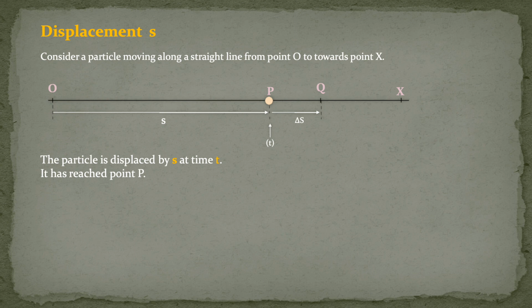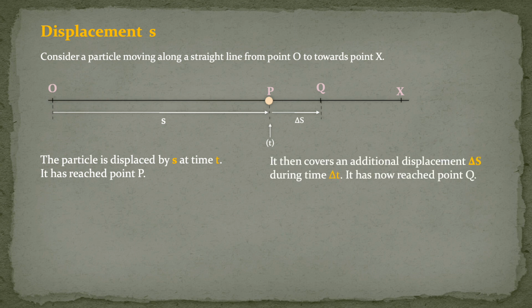Now let's imagine that the particle covers an additional displacement, which we'll call delta s, during a short time, delta t. It's now reached point Q. There we are. The total time taken to reach Q is therefore t plus delta t.